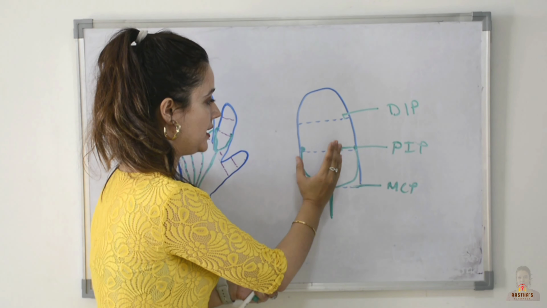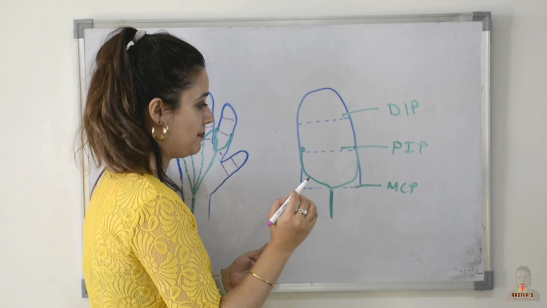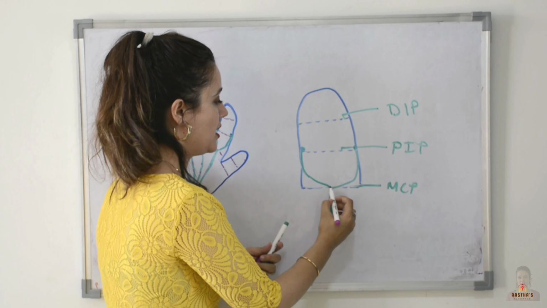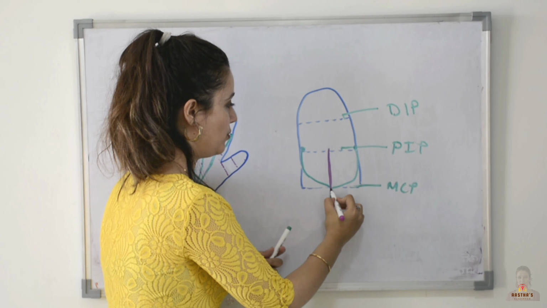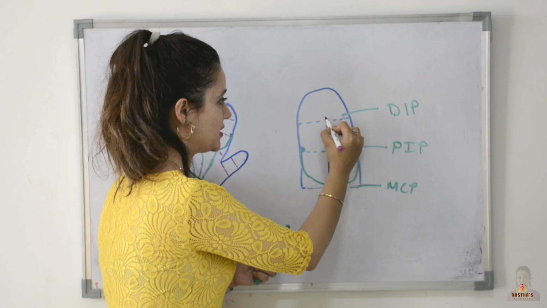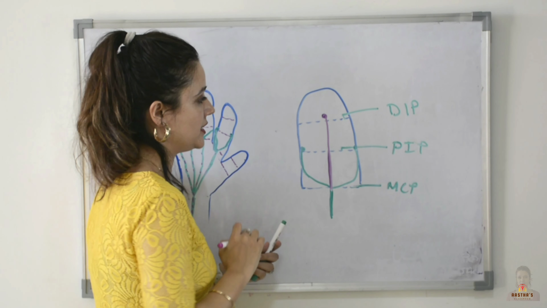Since the superficialis tendon has sidelined here, the deep tendon, that is the profundus tendon, becomes more prominent, like a hero. It keeps moving downwards and gets inserted in the base of the distal phalanx.